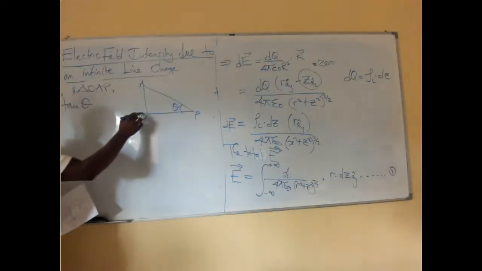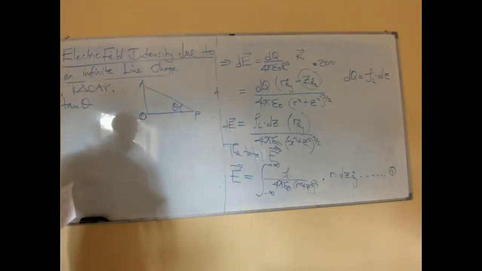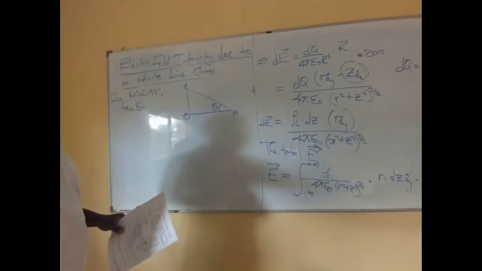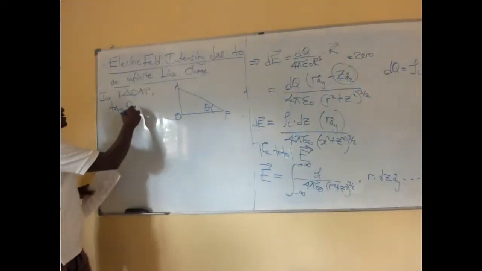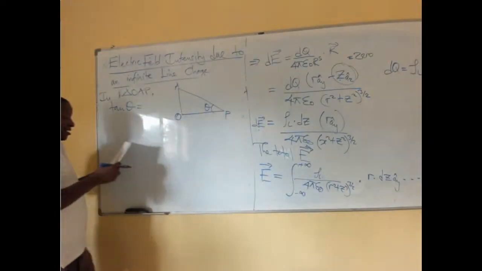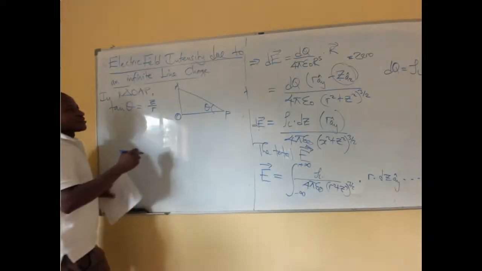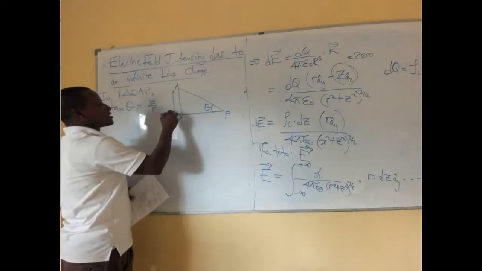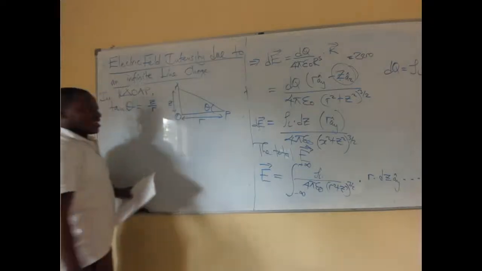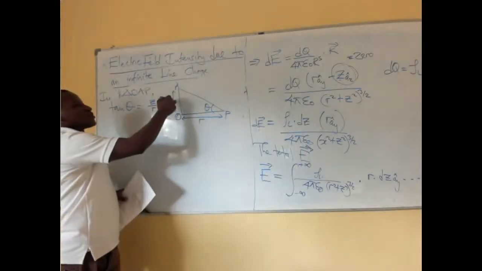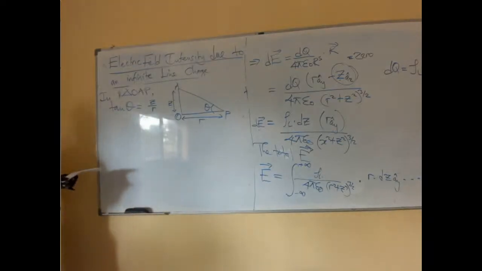So tan theta, from your SOHCAHTOA, is easy to get some derivation from there. The tan theta, which is tan of this angle here, is equal to z over r. In other words, from here to here, this is what we are calling z, and from there to there we are calling this r. So tan theta is equal to opposite over adjacent. That is from your simple mathematics.